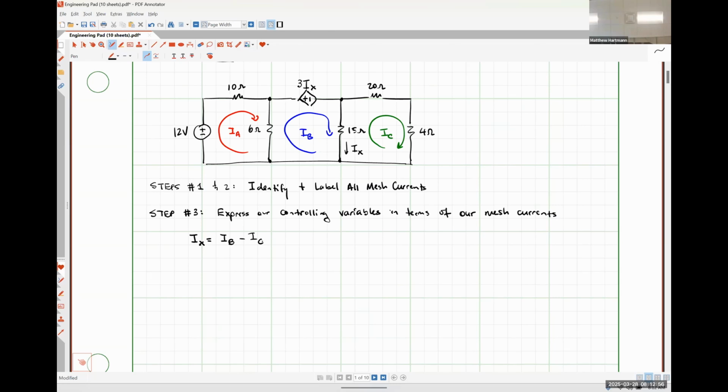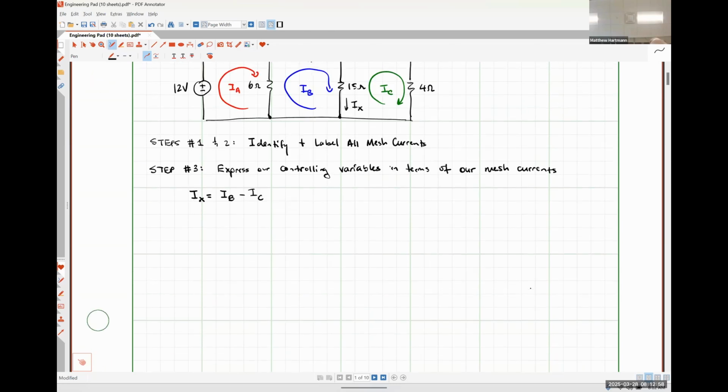So the next thing that we are going to do is write a KVL equation for each mesh. Okay.